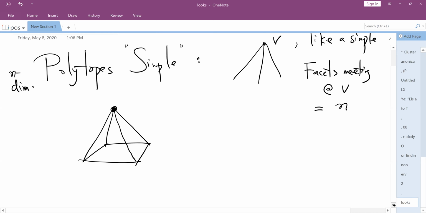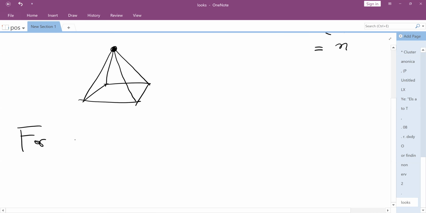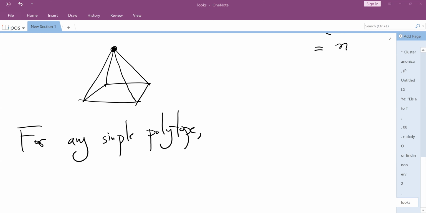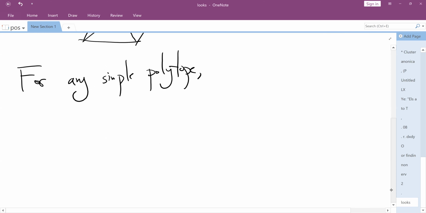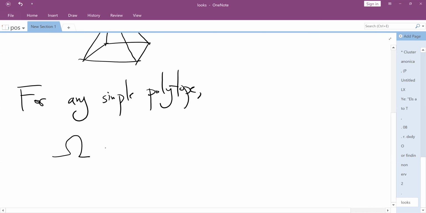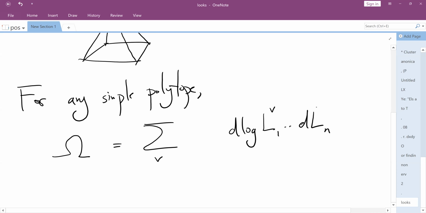Okay. So for any simple polytope, this idea of the triangulation of the dual gives me a formula for the canonical form, which is the sum over the vertices of the d log of all the linear factors associated with the faces meeting at that vertex. And in fact, there's a sign, and the sign is easy to work out.